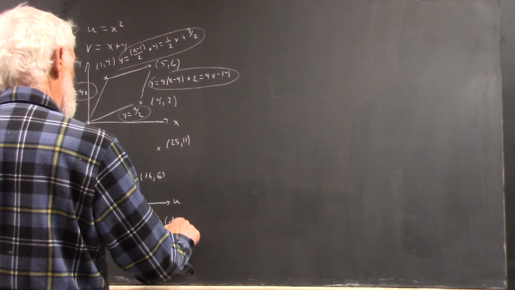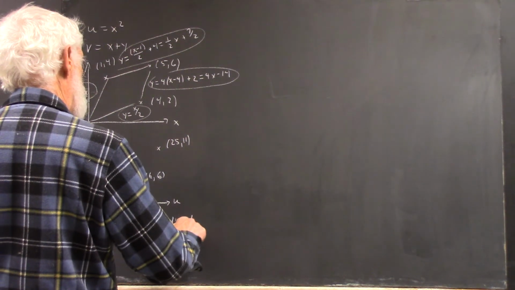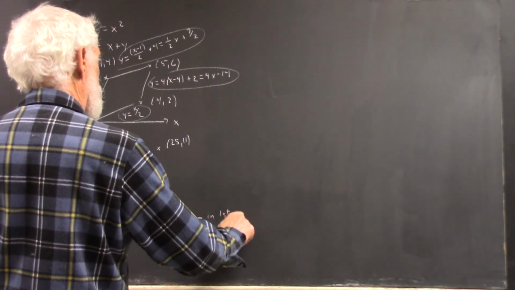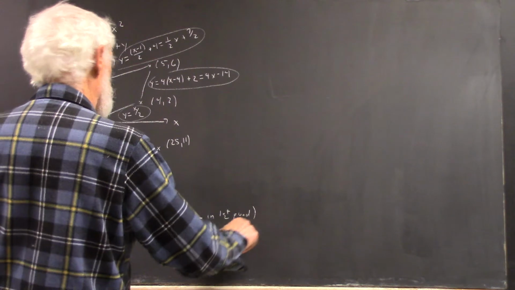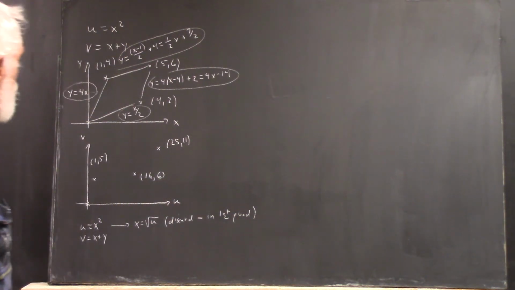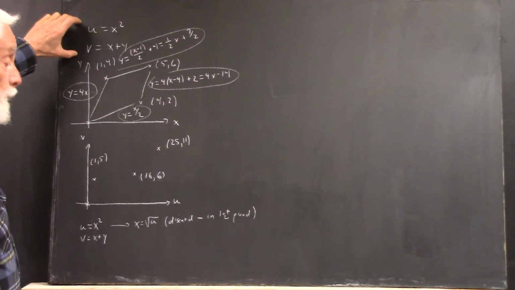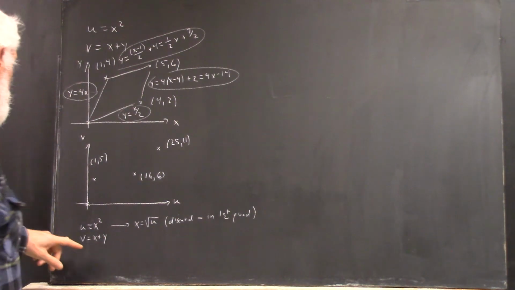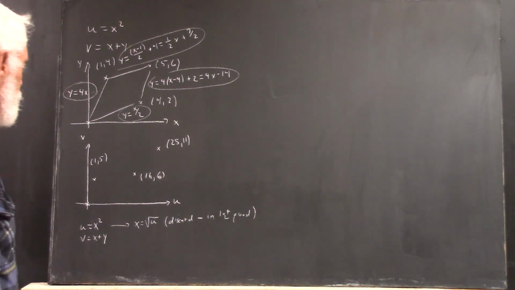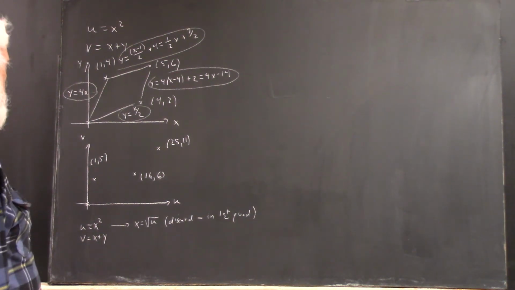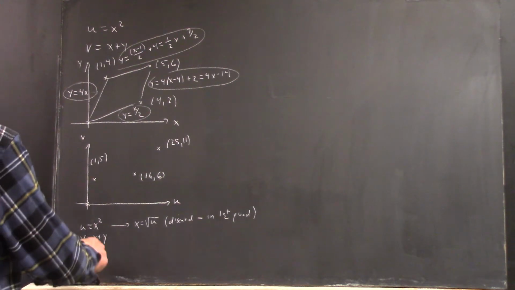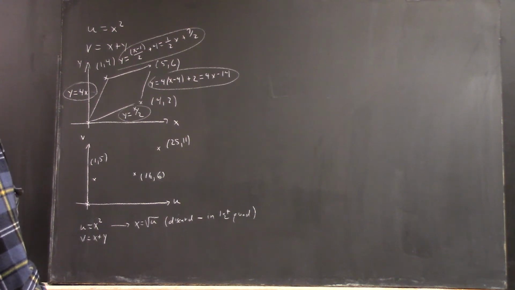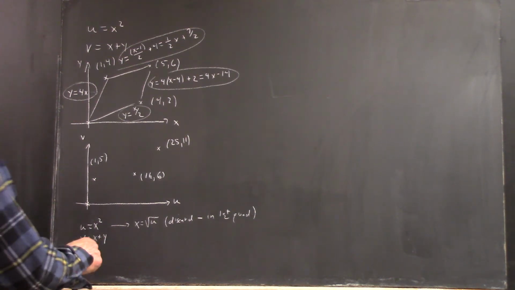I'll just say we discard the minus in the first quadrant, because if x and y are in the first quadrant, neither u nor v is going to be negative. Then v equals x plus y, so we can replace the x with the square root of u.